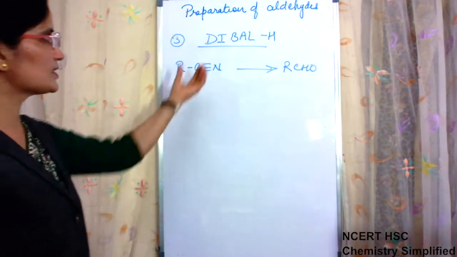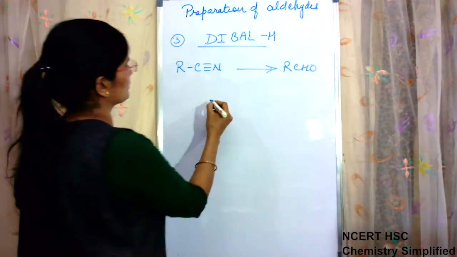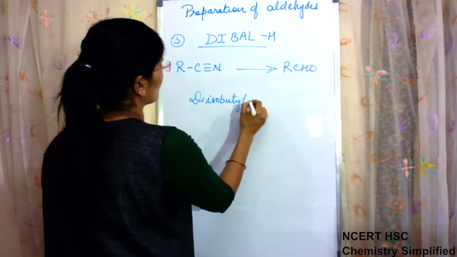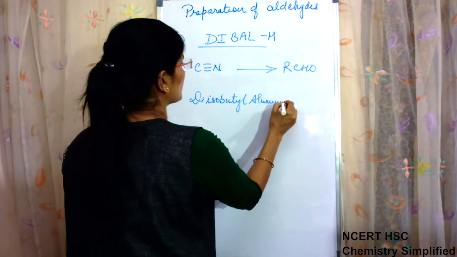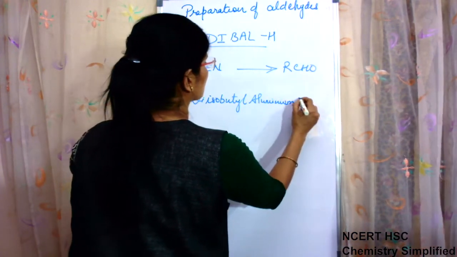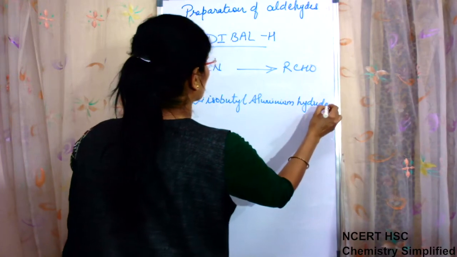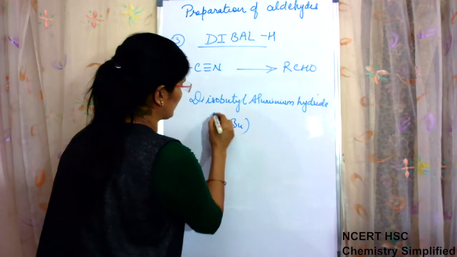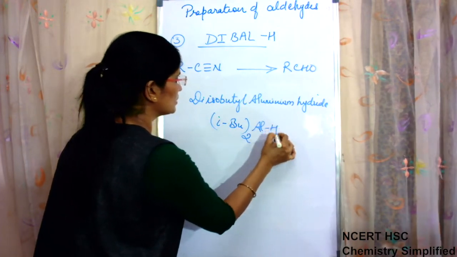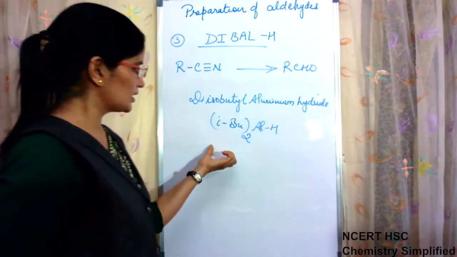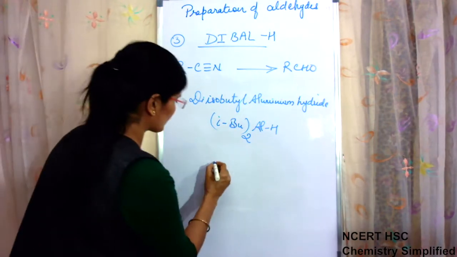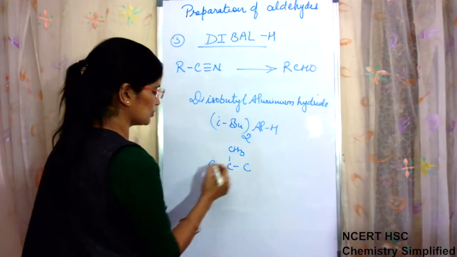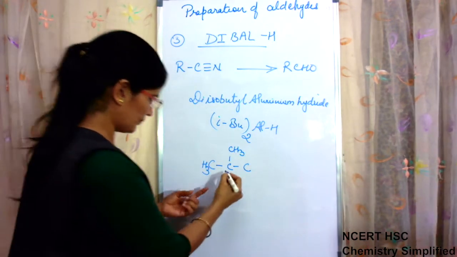Now what is this DIBAL-H? This we have to see. It is diisobutyl aluminium hydride. You can write it like this. And now what is isobutyl? 1, 2, 3, and on the second carbon atom, iso condition.